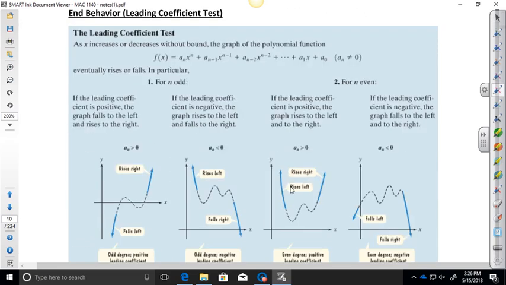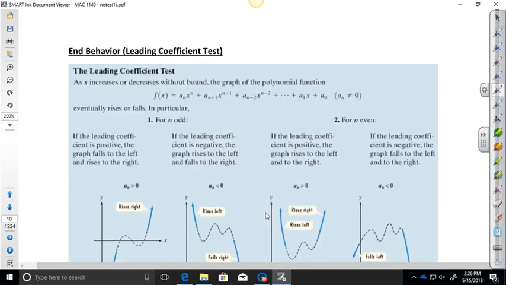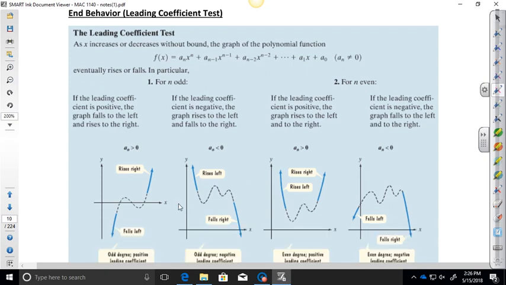The next thing is end behavior, or the leading coefficient test. There are 4 cases for this leading coefficient test. To find the end behavior, we look at 2 things, which are the leading coefficient and the degree. And you know how to recognize them, right?